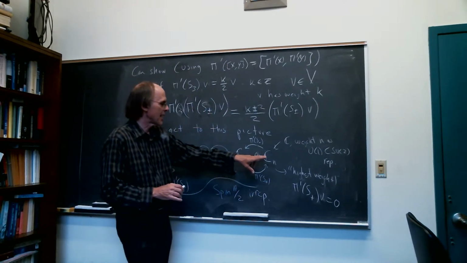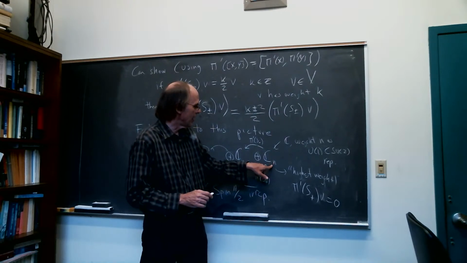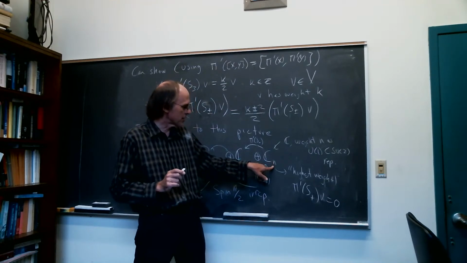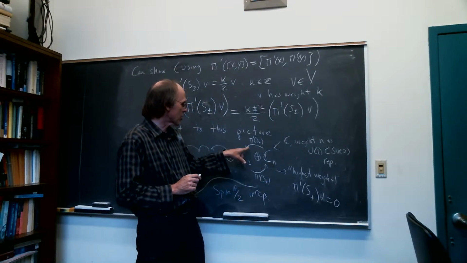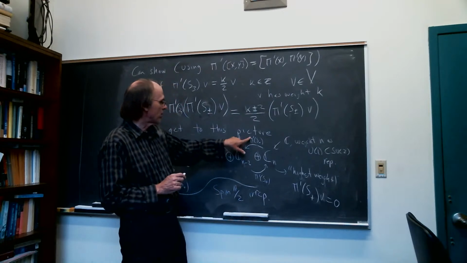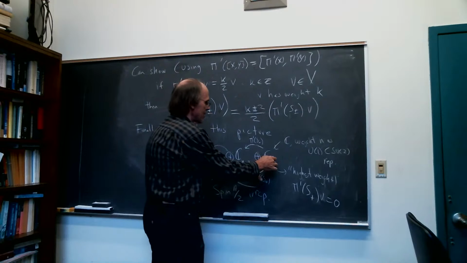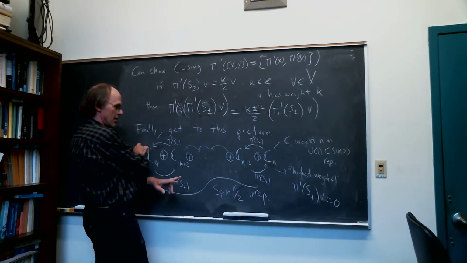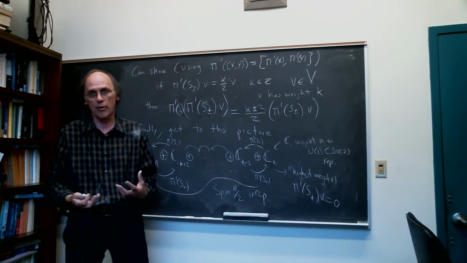And one way of saying how close I've come is that if I give you an explicit construction of a vector in this space and an explicit construction of these operators, pi of s minus and pi of s plus, then just by hitting this explicit thing with this operator enough times, you will have an actual construction of the whole thing.